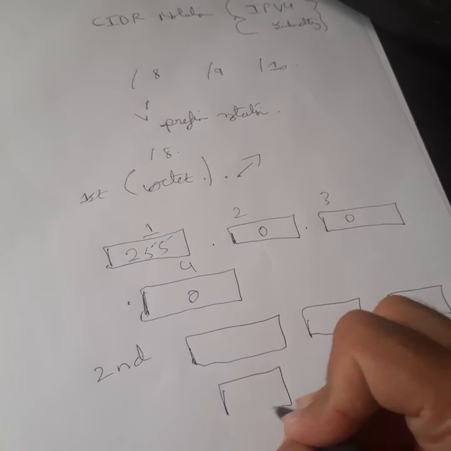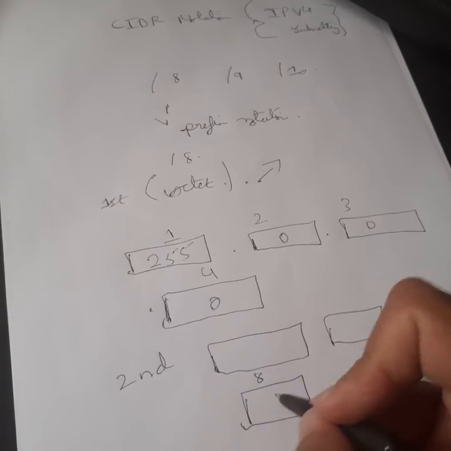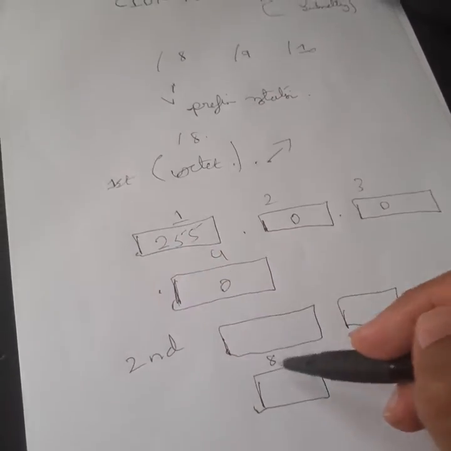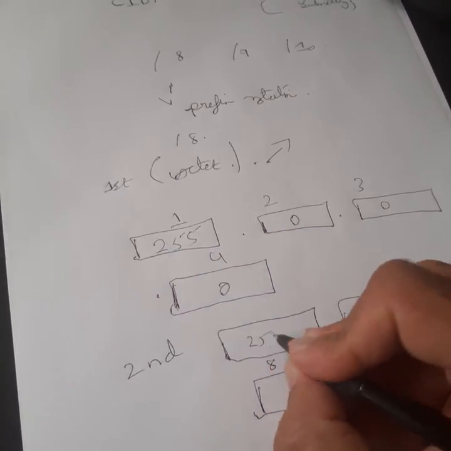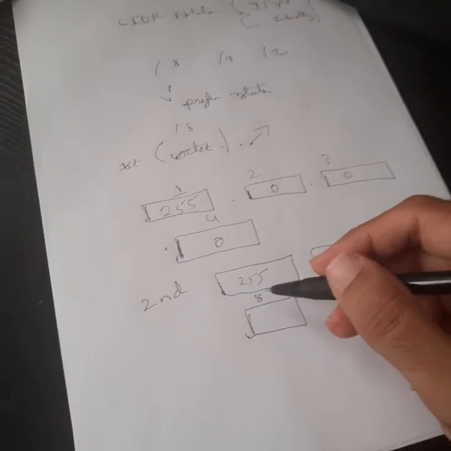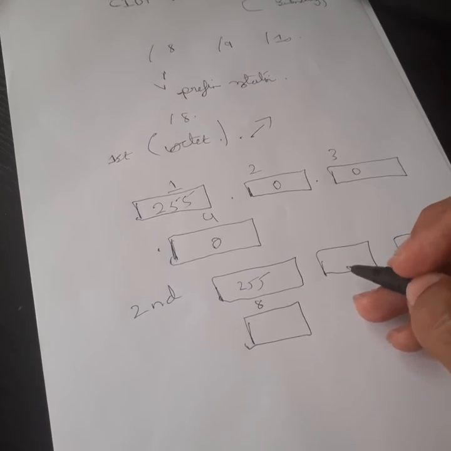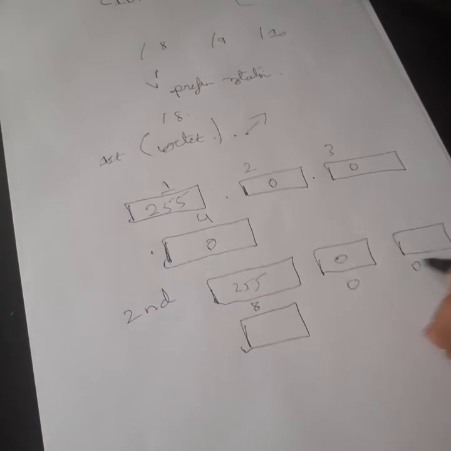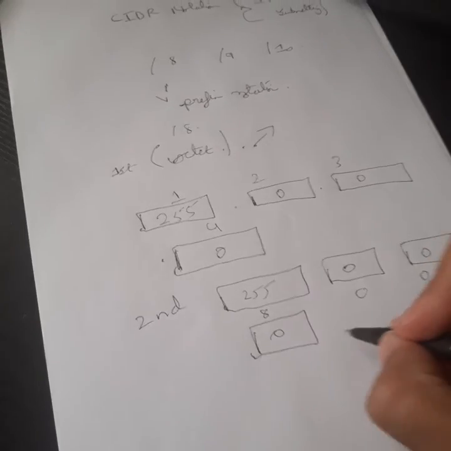So as we all know, we got /8, which is 8 bits here, 255. The value of 8 bits is always what? 255. Now, as we all know, there is nothing else involved, so 0, 0, 0, 0.